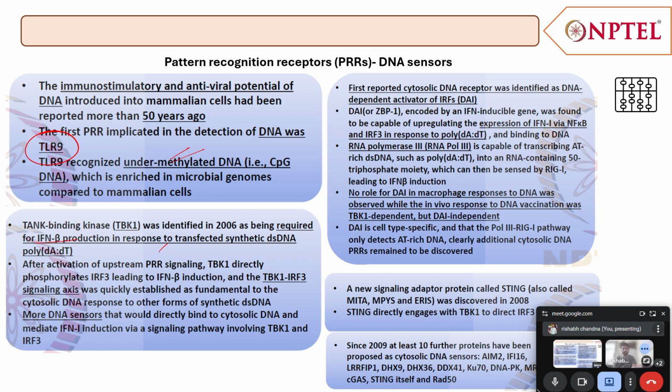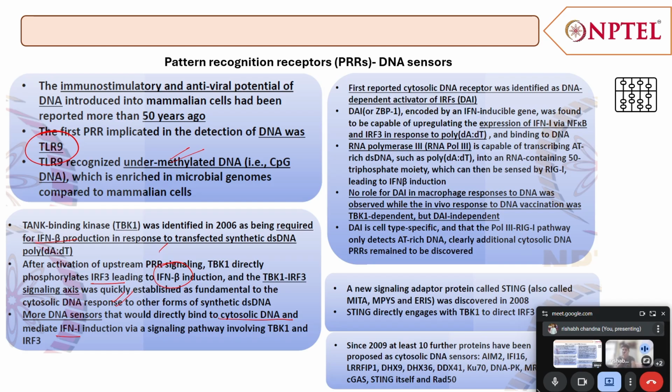Then after activation of the upstream PRR signaling, TBK1 directly phosphorylates IRF3, which leads to IFN beta induction, and then the signaling axis initiates in response to the cytoplasmic, cytosolic DNA. Okay, then we have more DNA sensors that could directly bind to cytosolic DNA and mediate type I IFN induction via a signaling pathway with TBK1 and IRF3.